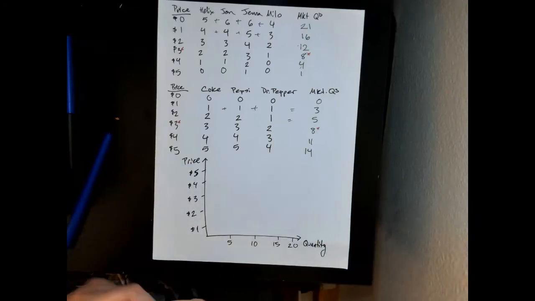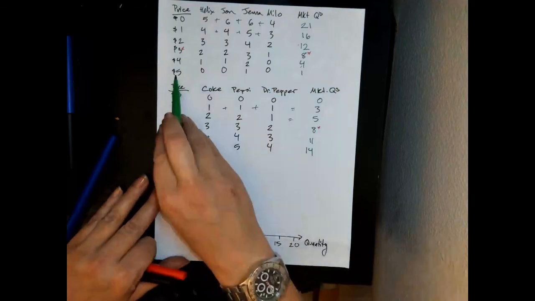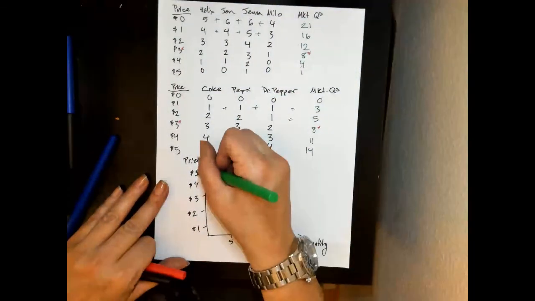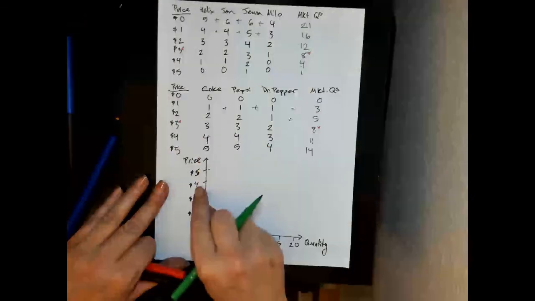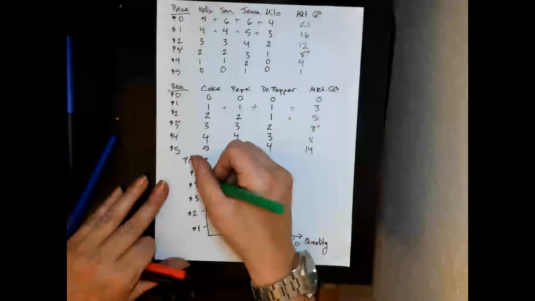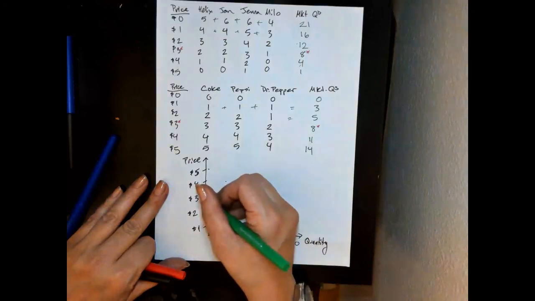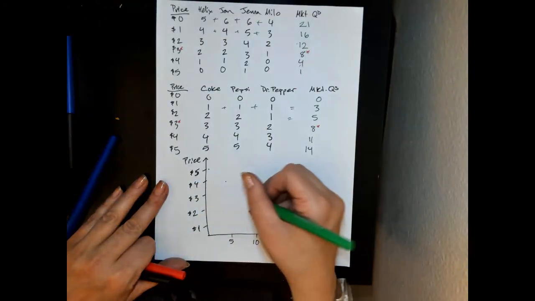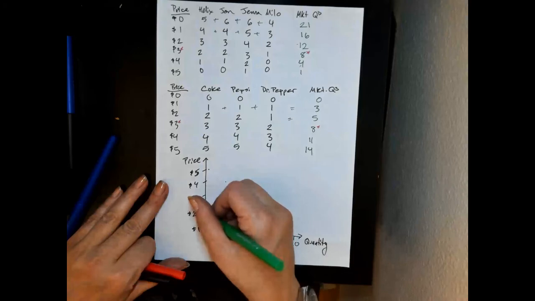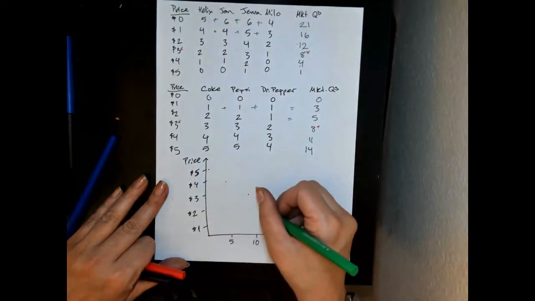Now I want to go ahead and graph my market demand curve. Looking at the quantity demanded at 5, it's going to be just 1 soda. At 4, it's going to be 4 sodas, almost all the way to 5. At 3, it's going to be 8 sodas. At $2, it's going to be 12 sodas.